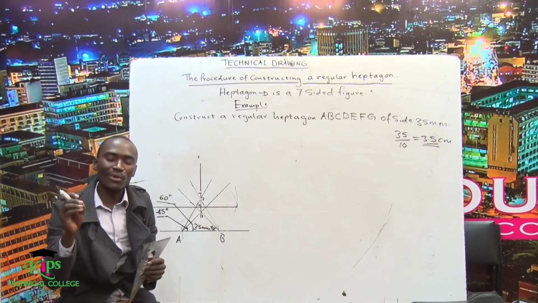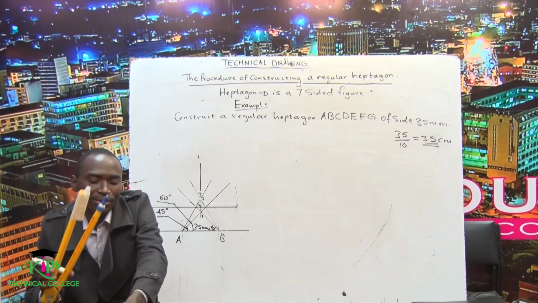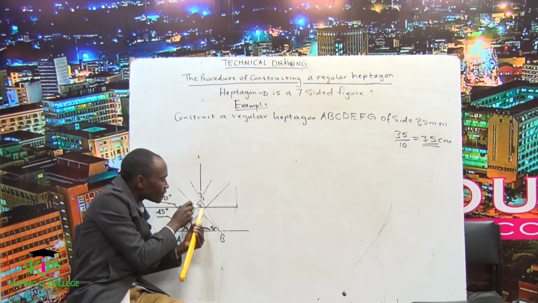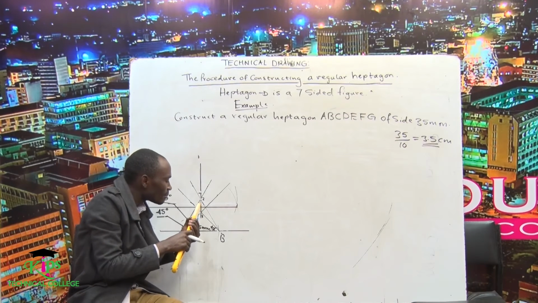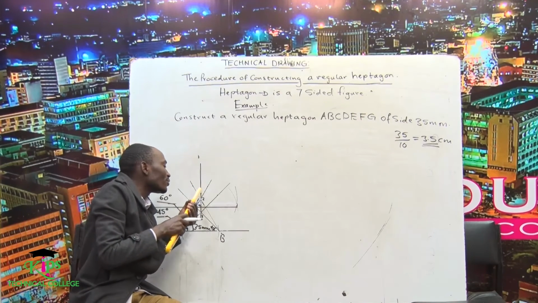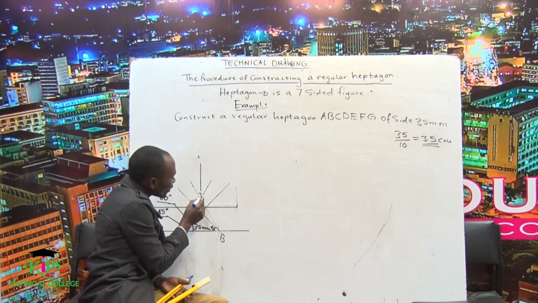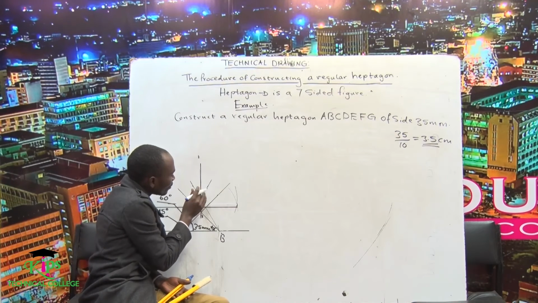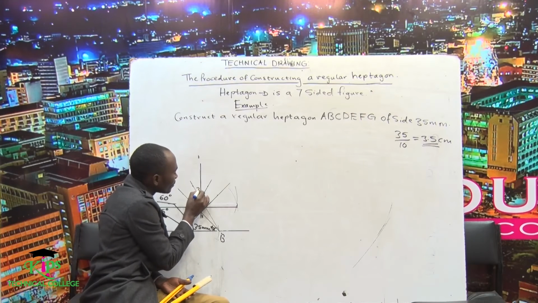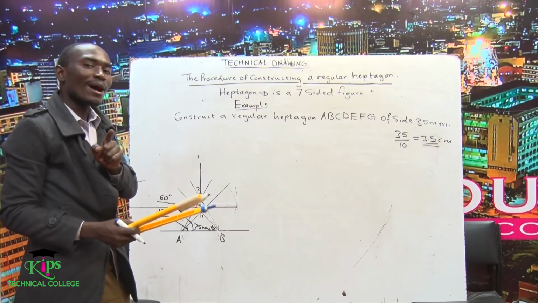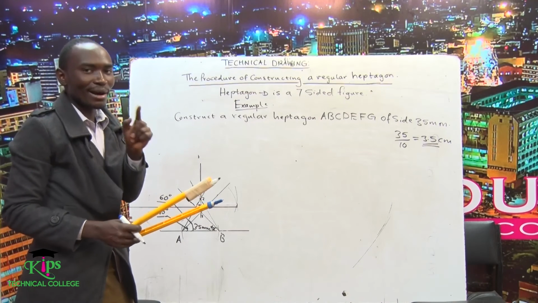So you should use your compass. My compass is too large for me to transfer the measurements. So you will start at point 1 and point O, then with those measurements, you stand at point 2 to make an arc at the top there. Let me call it point 3. Point 3 will now be the center of my circle.